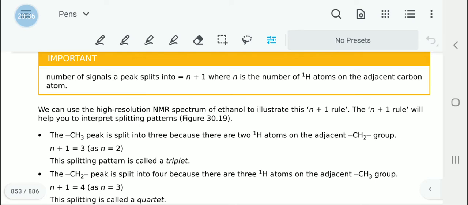Write down: number of signals a peak splits into equals n plus 1, where n is the number of H-1 atoms on the adjacent carbon atom.